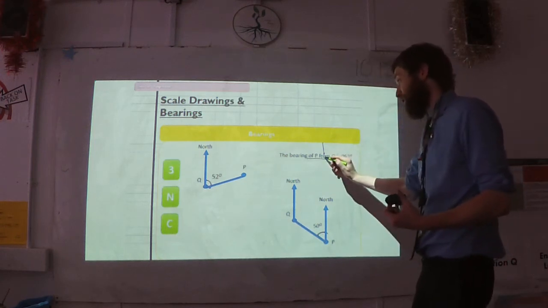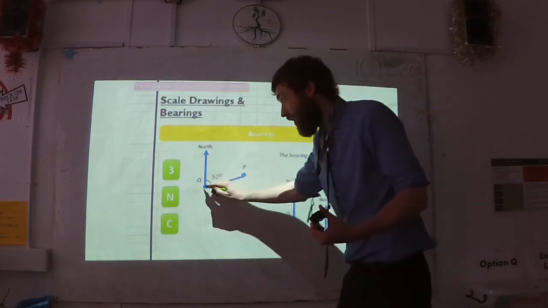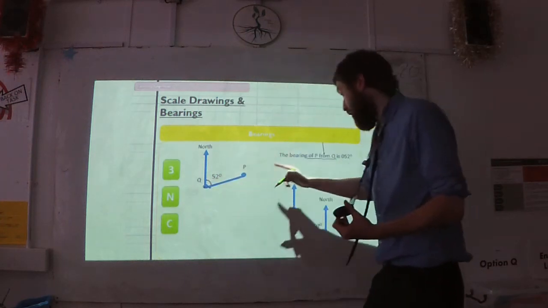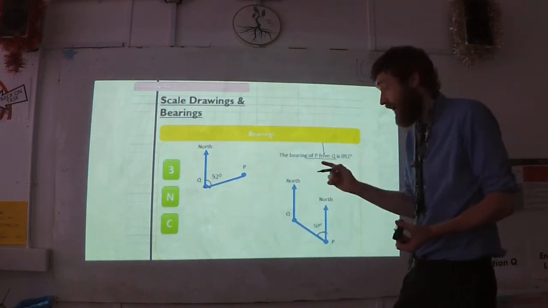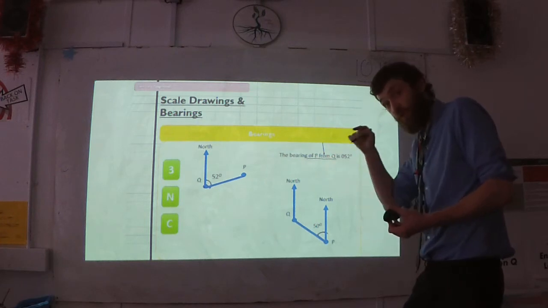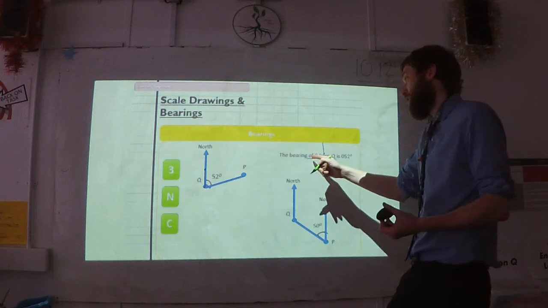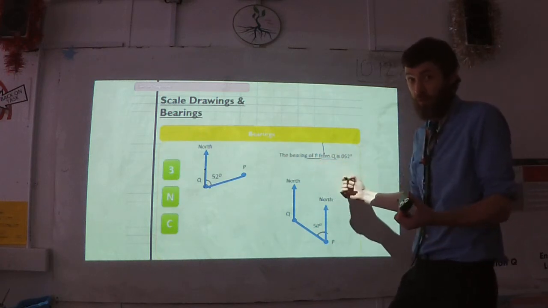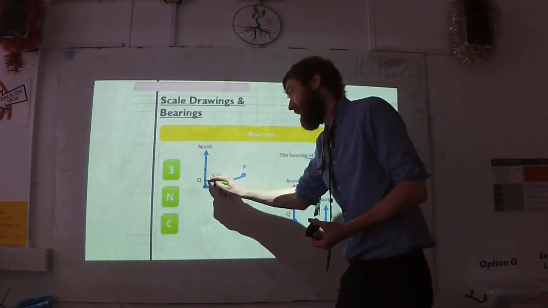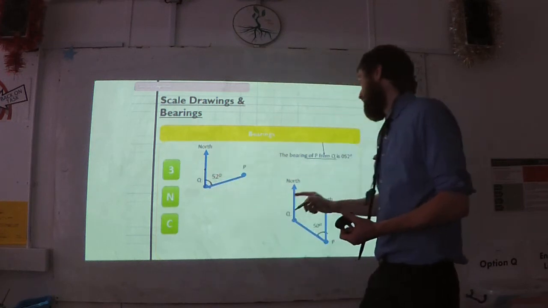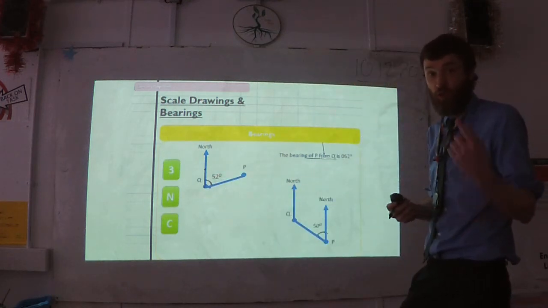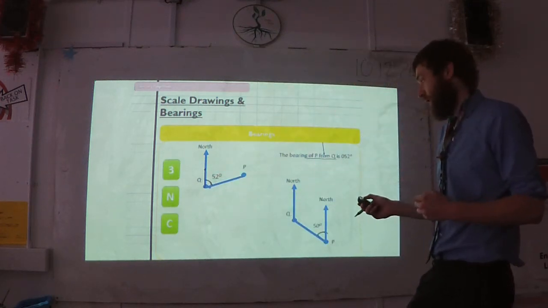So it says it's from Q, great, we start at Q. I know P was mentioned first, I don't care. It's from Q, so we start at Q. It then goes north to Q, and we want to measure the bearing of P from Q. So therefore it would be that angle just there, which is 052, because it's clockwise measuring from north.